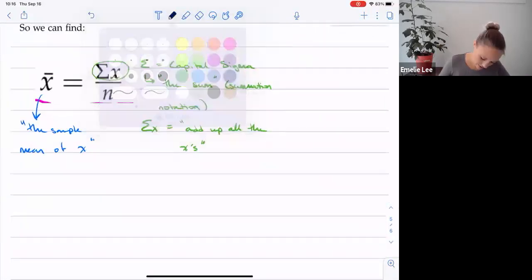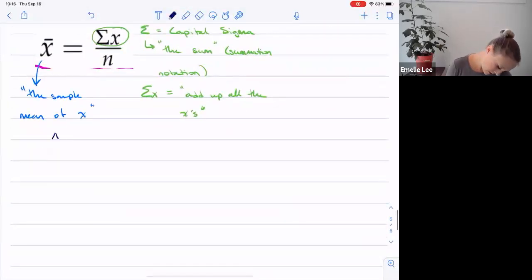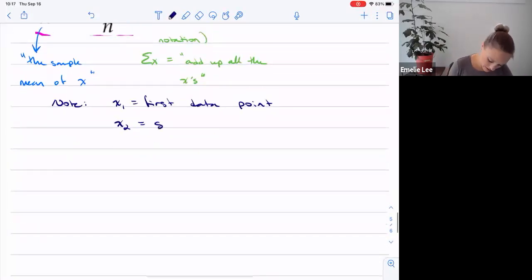So here, just as a note, x subscript 1 is the first data point. X subscript 2 is the second data point.